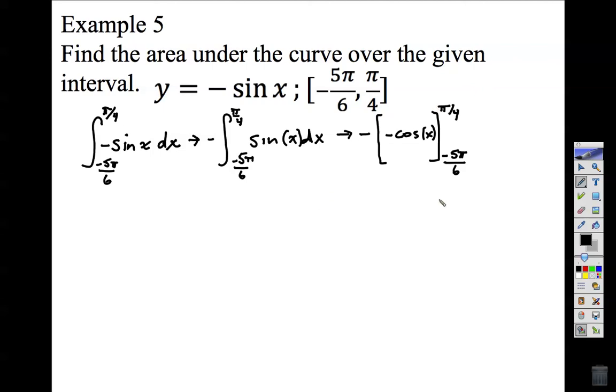From here, you are able to factor out if you want to. I am not going to do it for this step. Negative cosine of pi over 4 minus the cosine of negative 5 pi over 6.